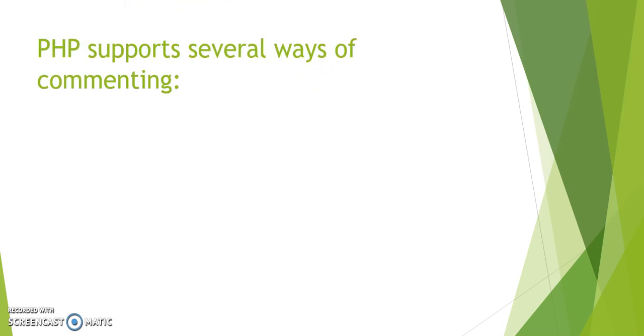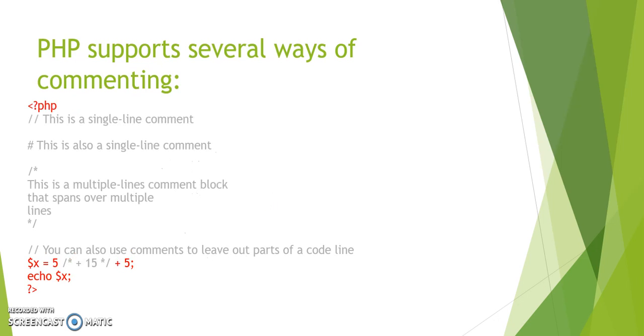PHP supports several ways of commenting, so let's take a look at that. We have the double forward slash, which is used for a single line comment. And then we have the hashtag, which is also used as a single line comment.